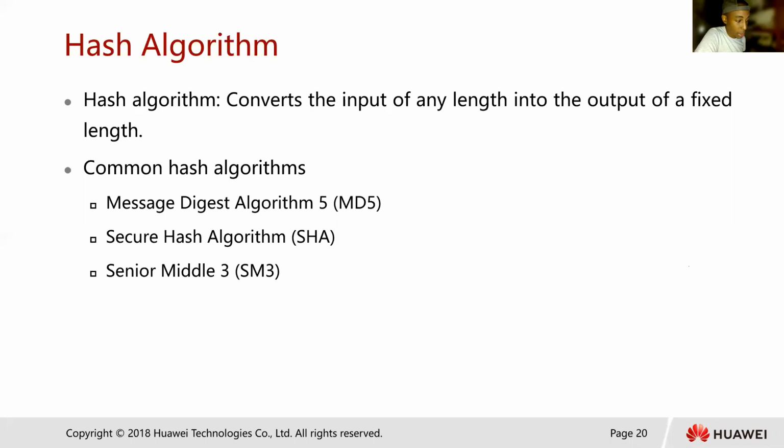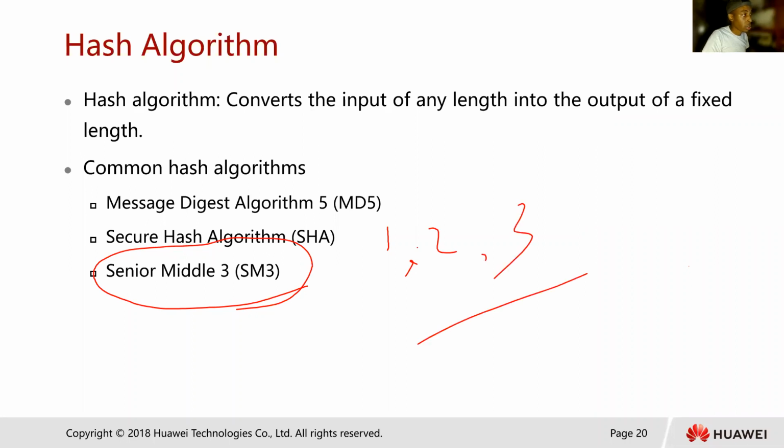SHA-1 is a bit less secure in terms of hashing. So I think that is why people in China came up with this. And we don't have just SHA-1, we have SHA-1, SHA-2, and also SHA-3.